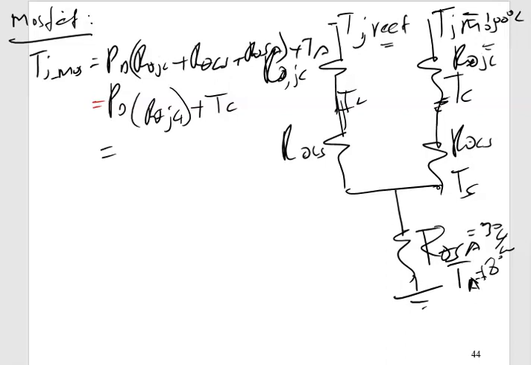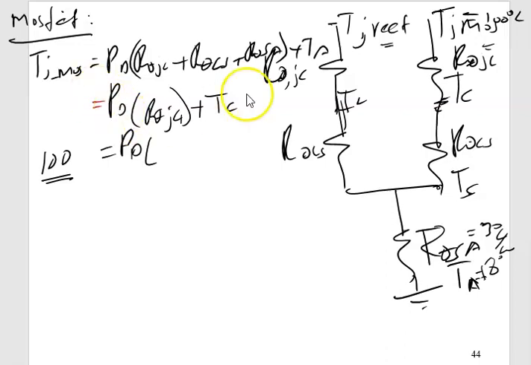Now we take a look at our information. It was stated that TJ we need to maintain at 100. So we have 100 degrees C equal to PD, which should be limited at that value just to maintain TJ at 100 degrees C, with R thermal JC.